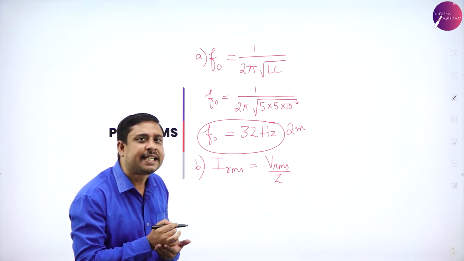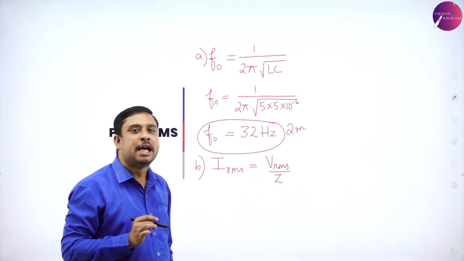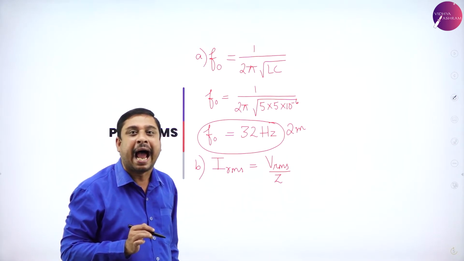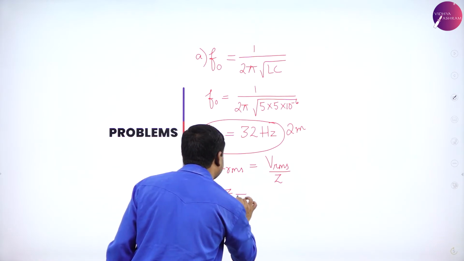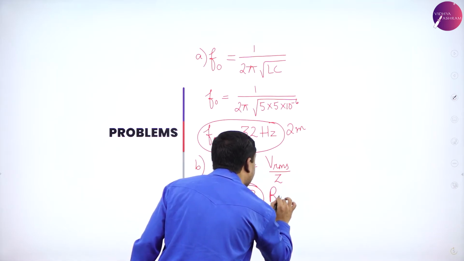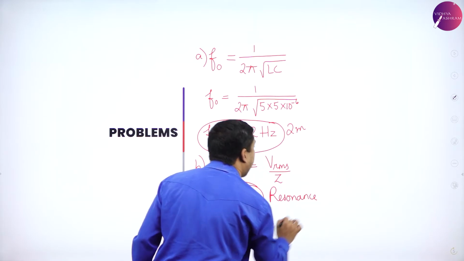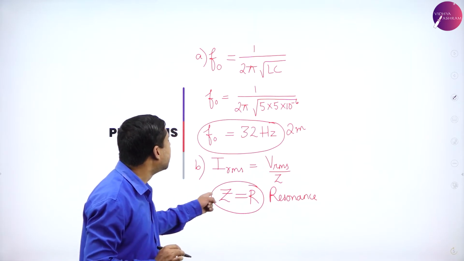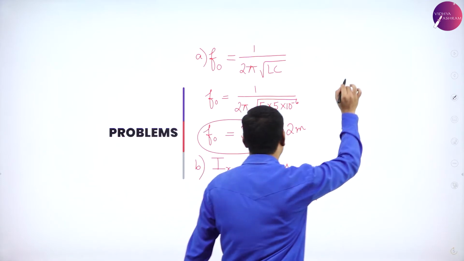If you have attempted the first session, very clearly here, the problem is saying at resonance. So at resonance, Z is always equal to R. I had highlighted this point. So at resonance, Z equals R, a trivial concept.